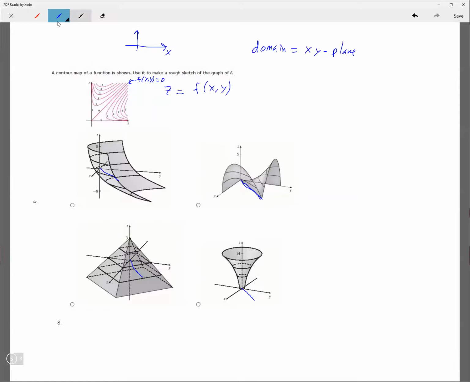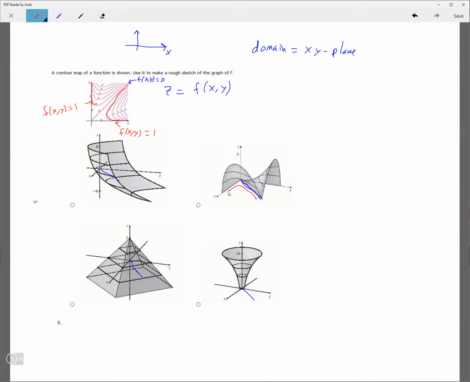Now, along this curve right here, your function is equal to 1. And also along this curve, the function is 1. Whoa, this is kind of hard. So that'd be like going here, something like this.